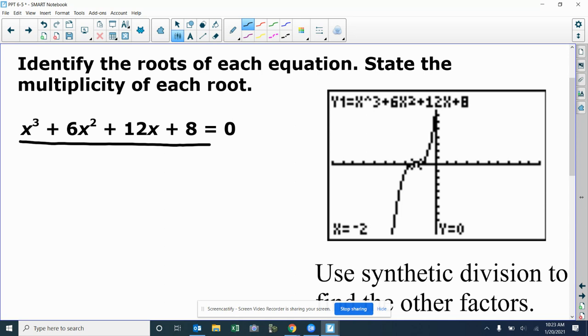If you have problems, let me look at it. Why is my graph like that? The window, Zoom 6. Change the window. Zoom 6 is the window change. No calculator? Grab one of mine when you come in.